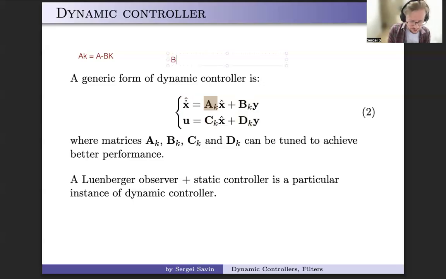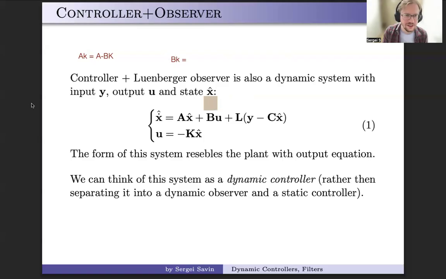BK for the Luenberger is actually equal to, let us look, what is multiplying the input? Well, actually just this guy, right? And by the way, I forgot to mention, when I say AK was A minus BK, it is actually A minus BK minus LC, right? So it's actually minus LC. But BK is just L, right?